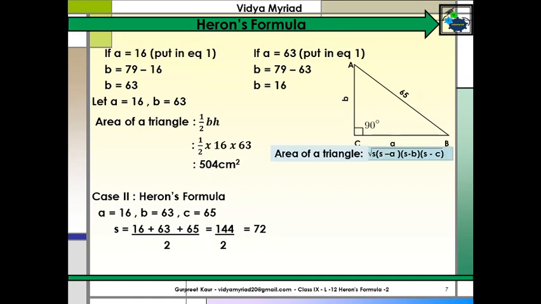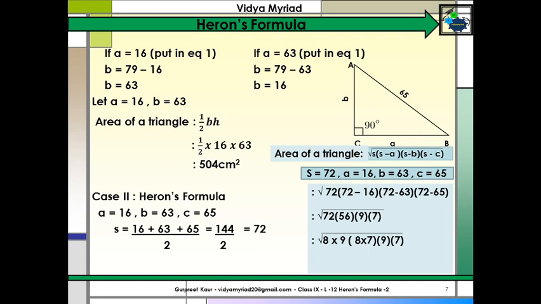It is given like this: under root s, s minus a, s minus b, s minus c. Put the values in this and let me see, you will get the same answer that you got earlier. That is 504 centimeter square. That means you have verified your answer, which was asked to do in the question.